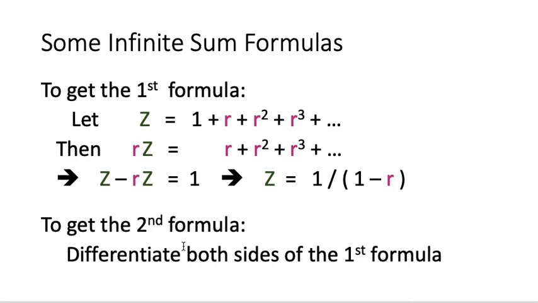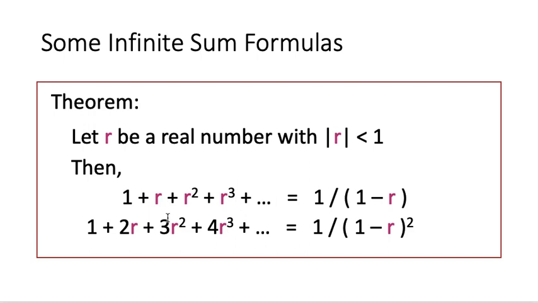Now, to get the second formula is also easy. Let's take a look at the first formula and the second formula. They are actually related. If we differentiate the first formula with respect to r, then 1 becomes 0, r becomes 1, r squared becomes 2r, r cubed becomes 3r squared, and so on and so forth. So the left-hand side of the second formula can be derived by differentiating the left-hand side of the first formula.